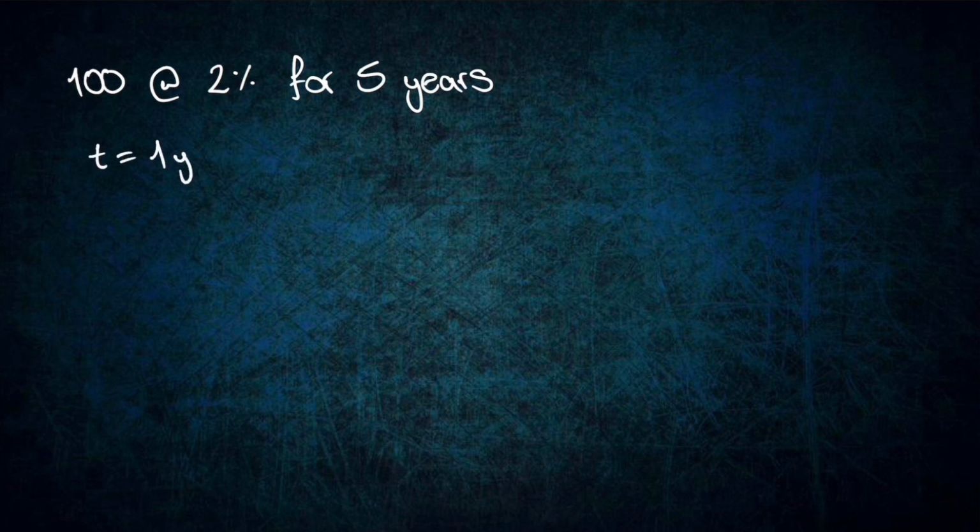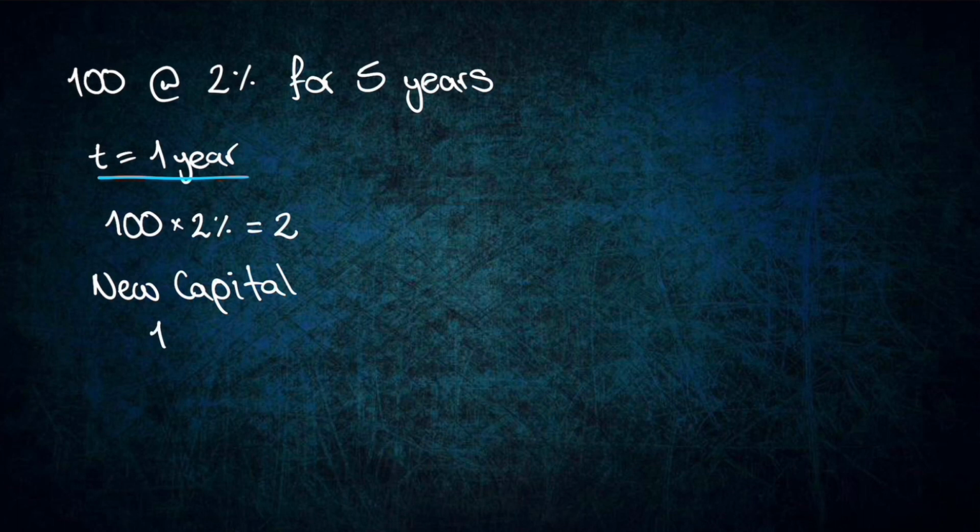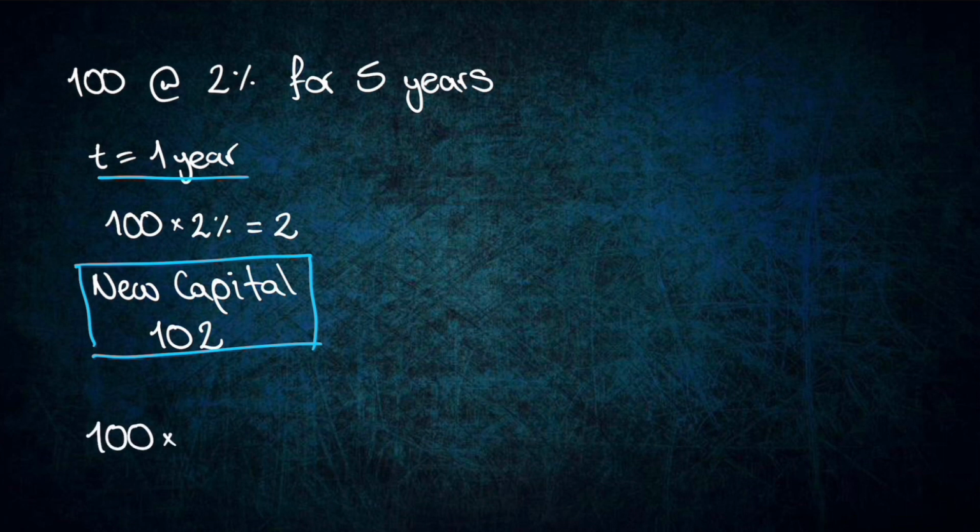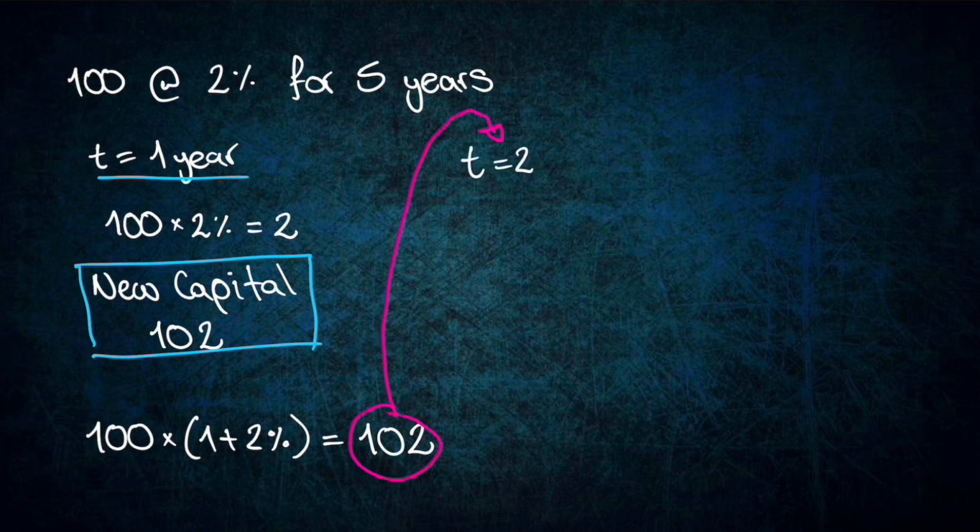In the first year, we will earn 100 multiplied by 2% equal to 2 euros, and we will have a new capital of 102. This 102 can also be obtained by multiplying 100 by 1 plus 2%. These 102 euros will be reinvested, and for the second year, we will have 102 multiplied by 2% equal to 2.04.